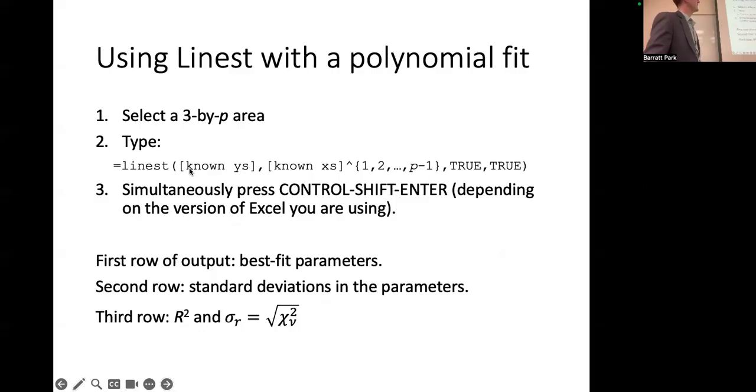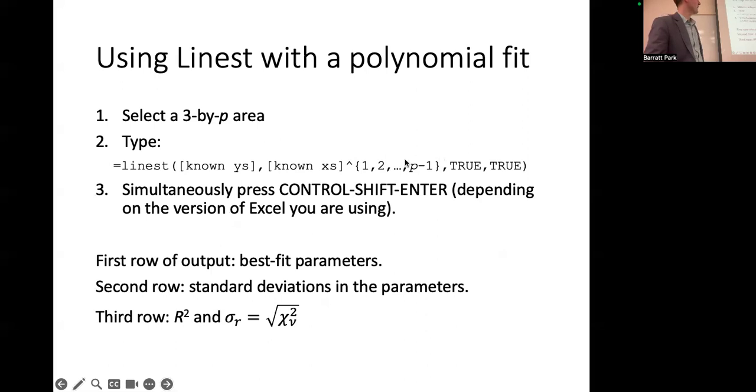So you want to type equals LINEST and then open parentheses. Then it's going to ask you to select the known y values. And then after that, you select the known x values. But after selecting the known x values, you want to add some more information. So you need to tell it that you want those x values to be raised to the power of 1, 2, 3, 4, etc. Whichever polynomial terms you want to include.